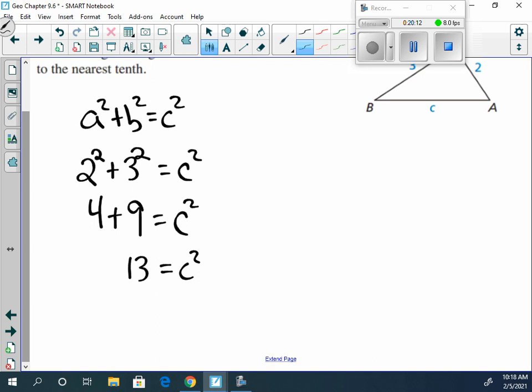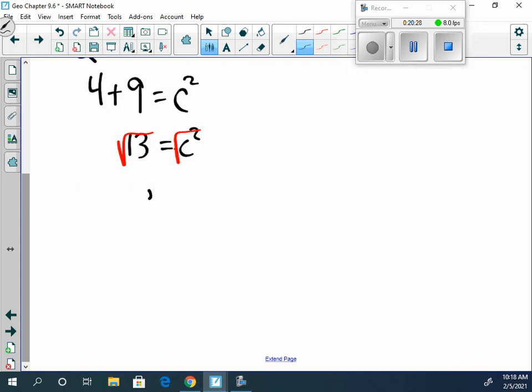Now what do I do to find the value of C? Right, we would square root it, because to undo a square, we square root it. And the square root of C squared would be C. And what's the square root of 13?